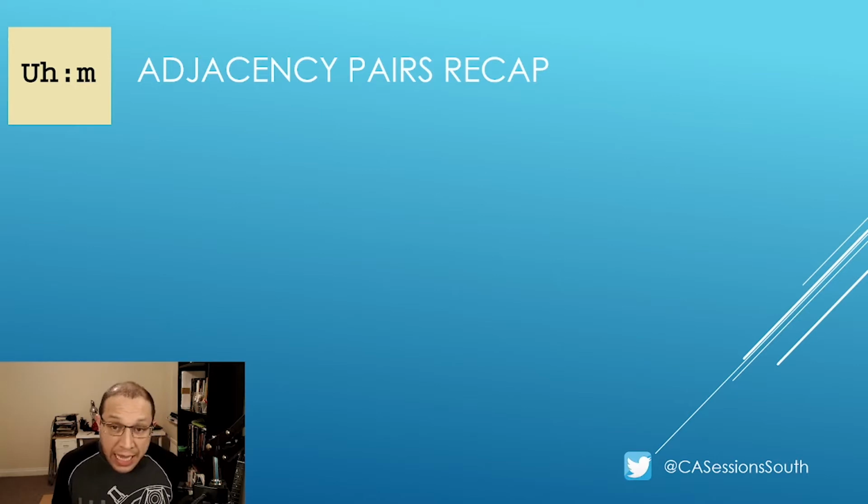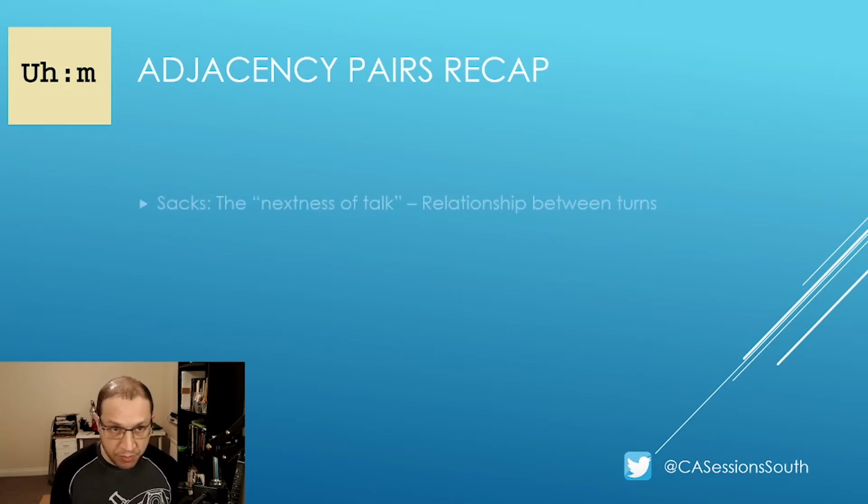For this, it's worth quickly recapping the concept of adjacency pairs in social interaction. Now, Harvey Sacks initially described this as the nextness of talk, as he noticed what he described as reflexive relationships between certain pairs of turns.